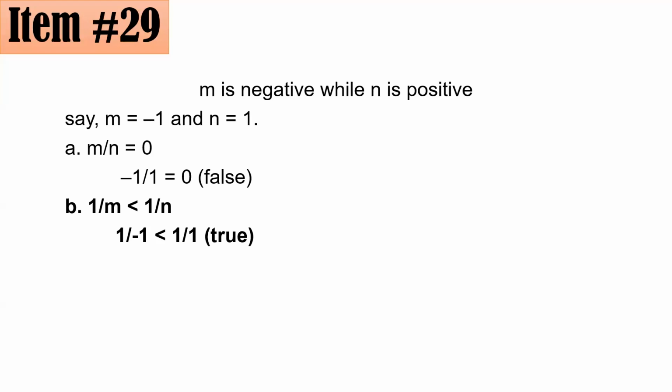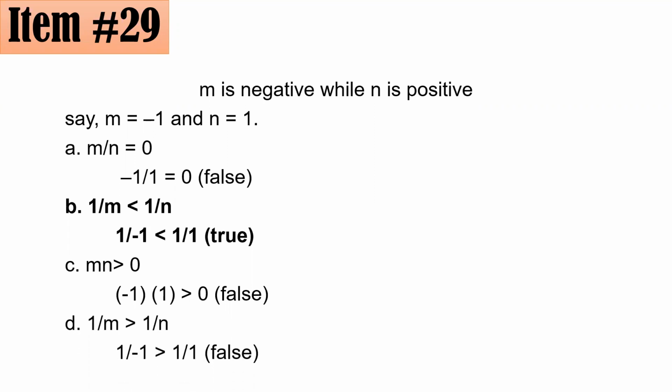So true po yung letter B. Yung letter C mali po kasi kung makikita po ninyo, yung product nilang dalawa ay in fact less than 0. -1 is less than 0. So false po ito. And letter D, negative numbers are never greater than positive numbers. So false po yung letter D, so B yung tamang sagot. 1 over m is less than 1 over n is true.